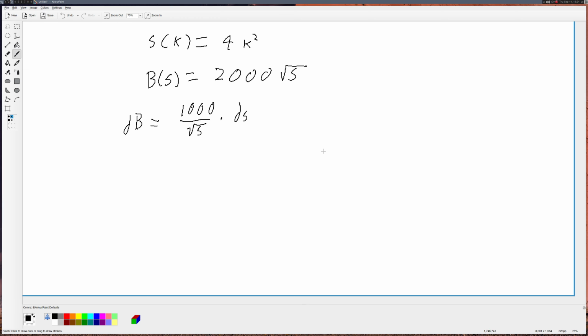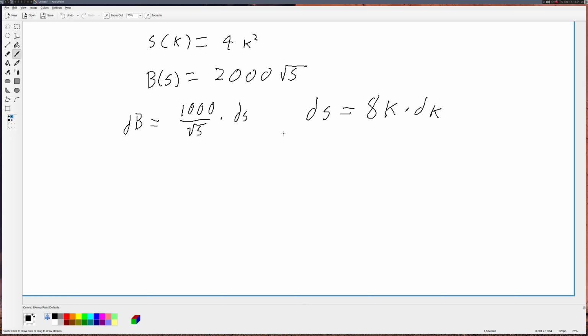The change in B is 1000 over the square root of s times the change in s. So we're not going to turn this into dB over ds for this reason. So we want to find the change in s now, and we're just taking the derivative of that times dk.